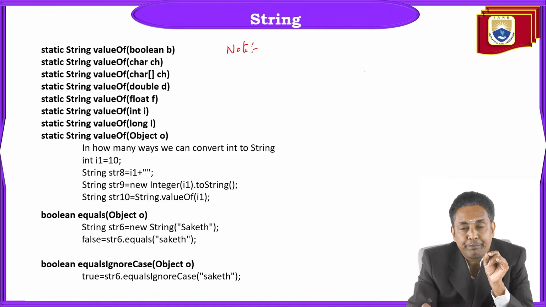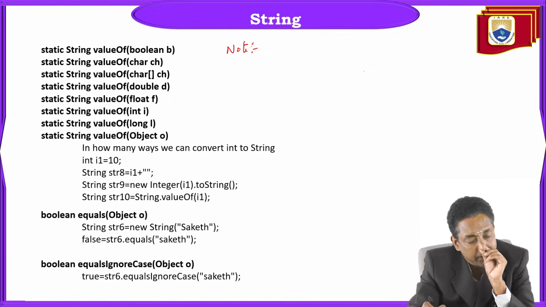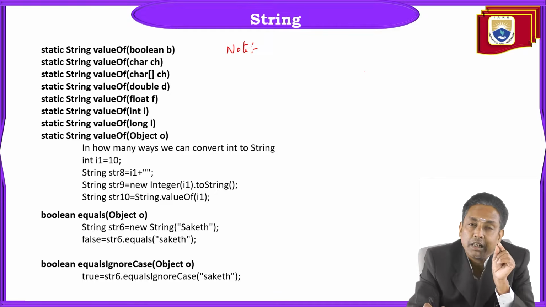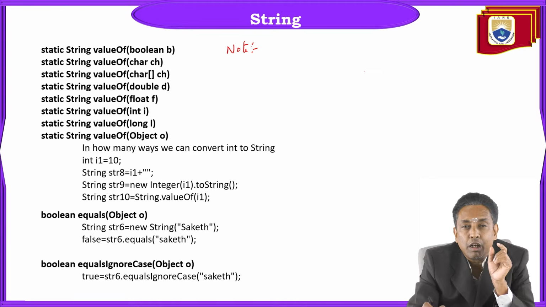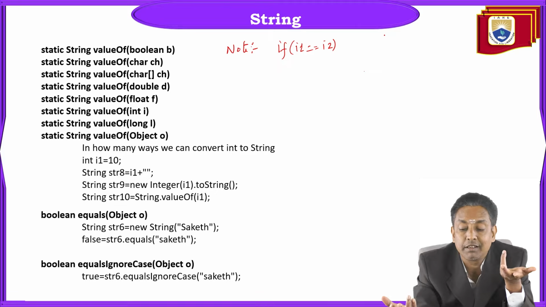In Java, you can compare two primitive variables or two primitive values with the equal-to operator. If i1 == i2 is valid, both are integer variables. If price1 == price2, both are double variables. You can compare with equal to.